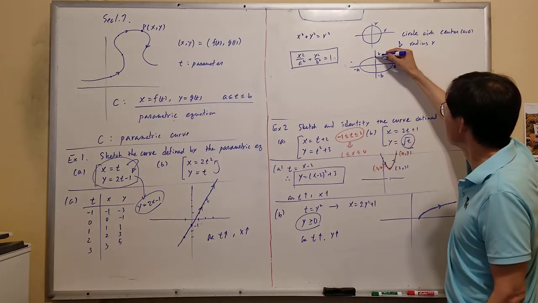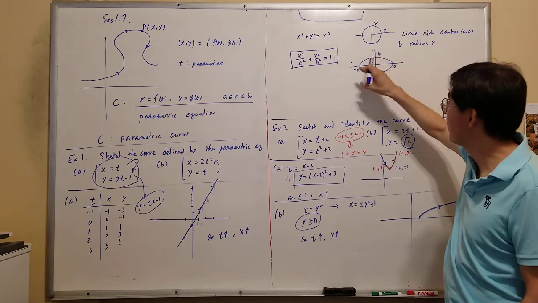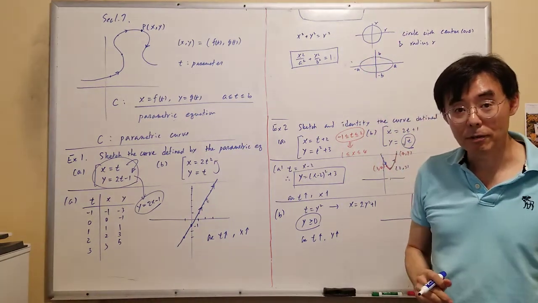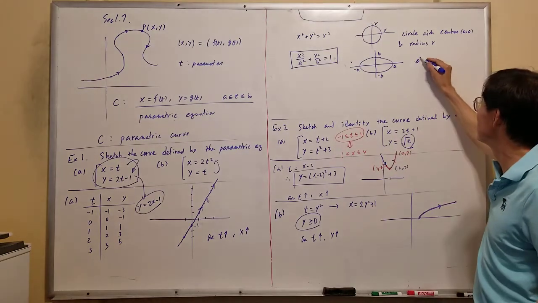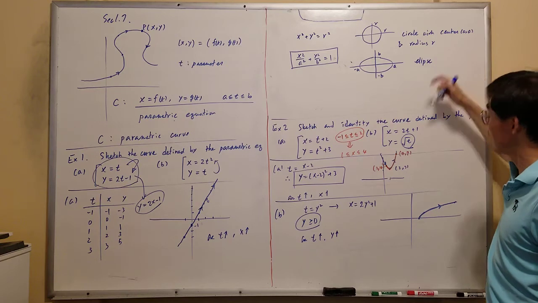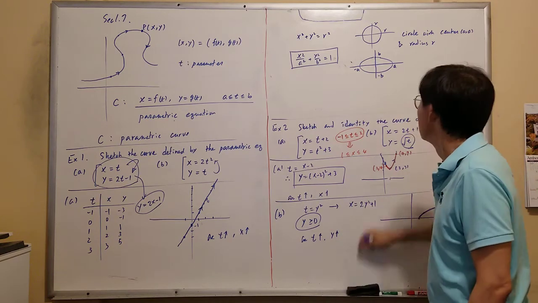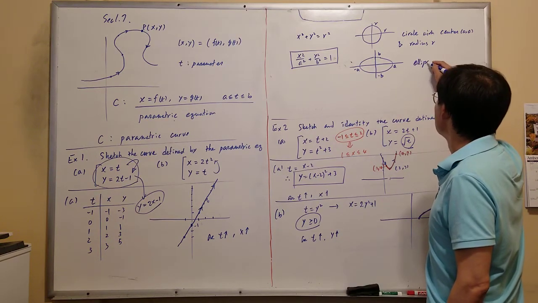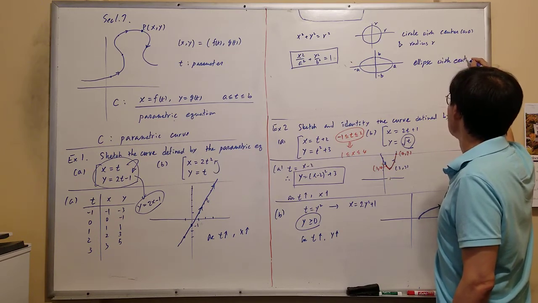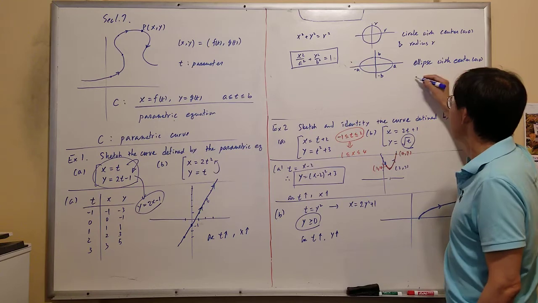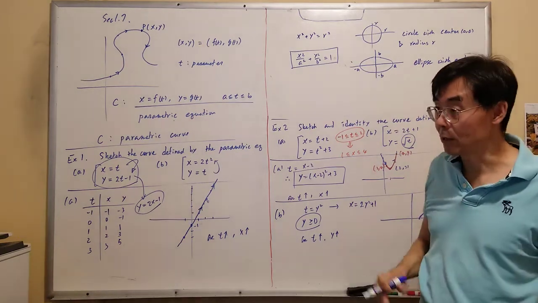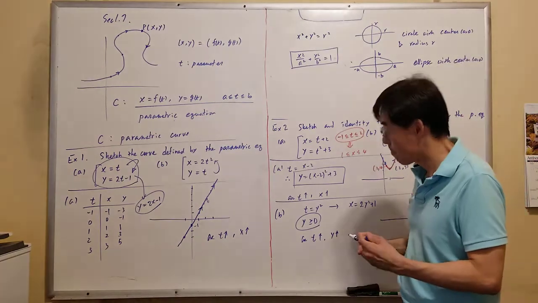Of course, here I assume that a is larger than b. If b is larger, it will be vertically longer. Okay? So this is an ellipse with center 0, 0, and major axis 2a horizontally, and minor axis 2b vertically, if a is larger than b.